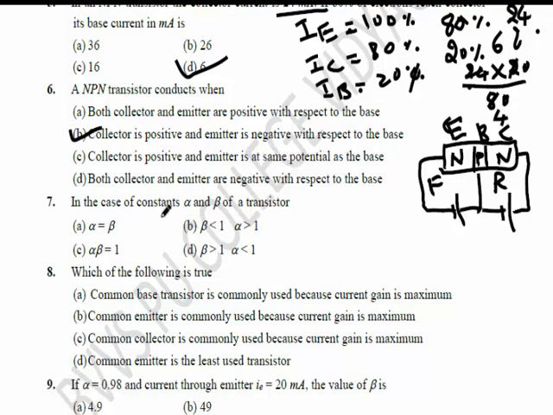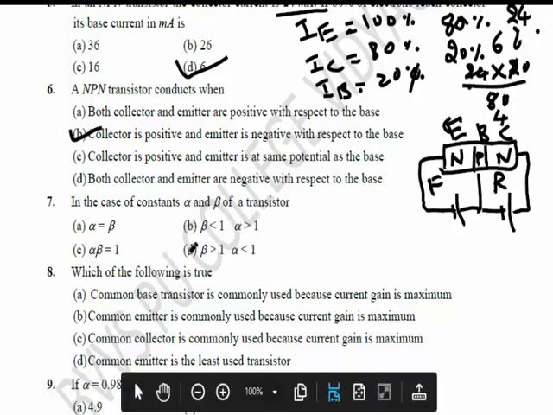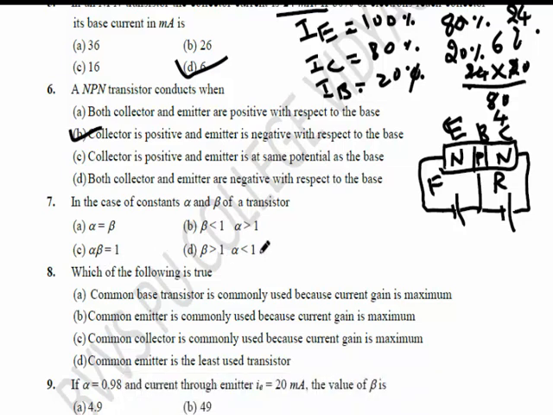Next, in case of constants alpha and beta of a transistor, which one is correct? Alpha equal to beta, alpha less than 1, alpha greater than 1, alpha into beta equal to 1, beta greater than 1, alpha less than 1. Now I am going to write what alpha is and what beta is. Alpha is collector current divided by emitter current.